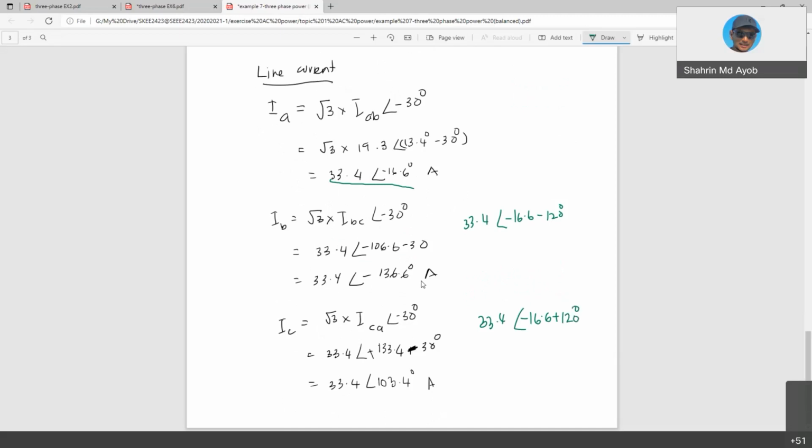So that's why I obtain around 103.4. I don't know, this one might be wrong, but it should be like this. 120 minus 16.6, so 103.4.